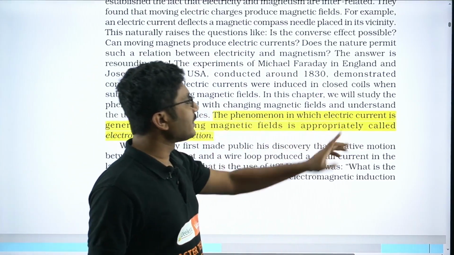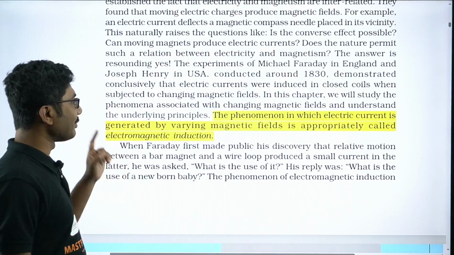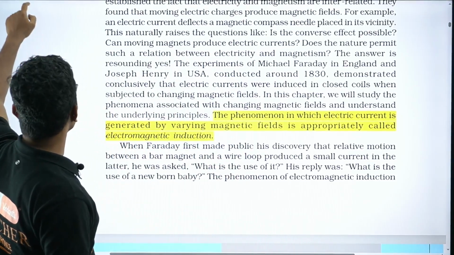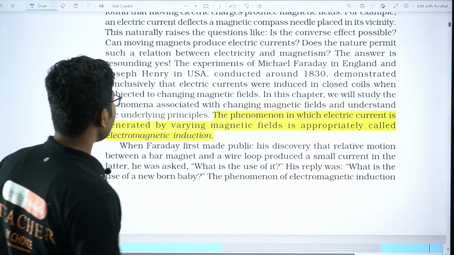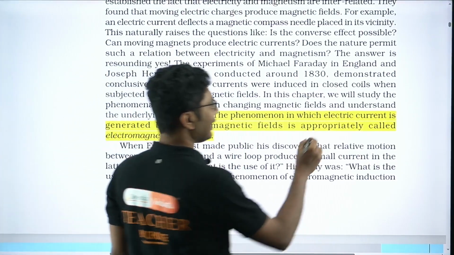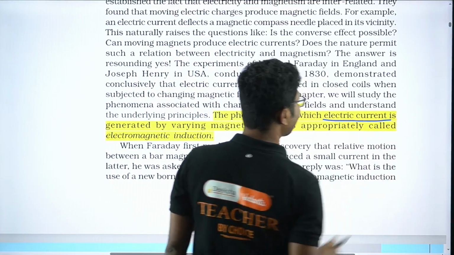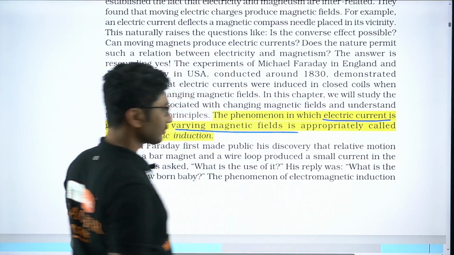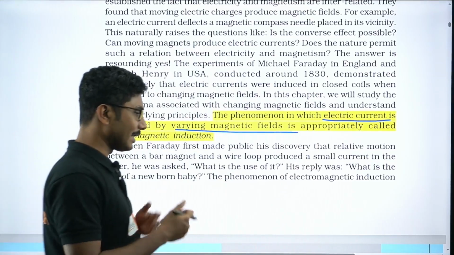The phenomenon in which the electric current is generated by varying magnetic field is appropriately called electromagnetic induction. So you can generate current: electric current can be generated by varying the magnetic field.